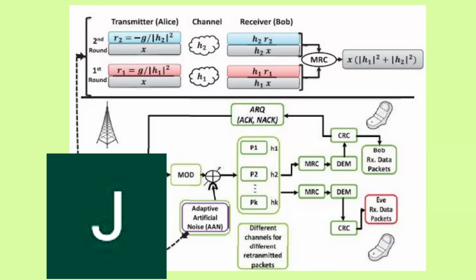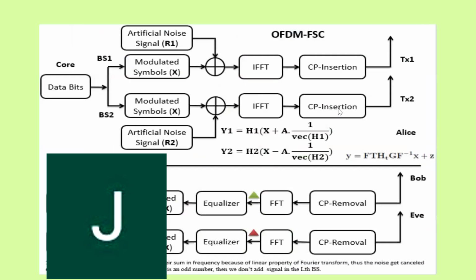Therefore, the net received signal after this manipulation and maximum ratio combining will become the signal itself multiplied by the channel, which is basically what I am supposed to see when I'm sending my data without any noise. So my data is pure, clean, clear. All I need here is to get rid of the fading H1 and H2 by dividing over them, and I will be left with the data itself. So this is one of the techniques as well.